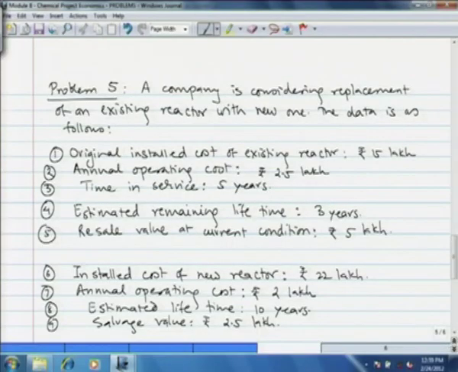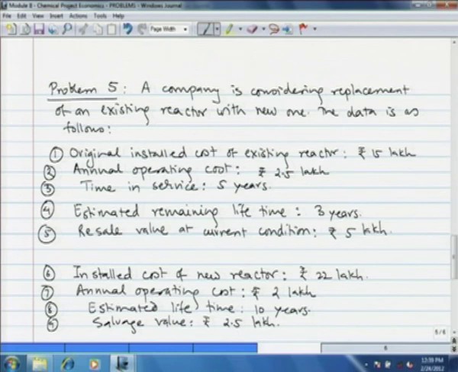Now, let us see the fifth problem of tutorial. Here also we have to compare alternate investment, but with a different methodology. Now, let us read the problem statement. A company is considering replacement of an existing reactor with new one. The data on both reactors is as follows.